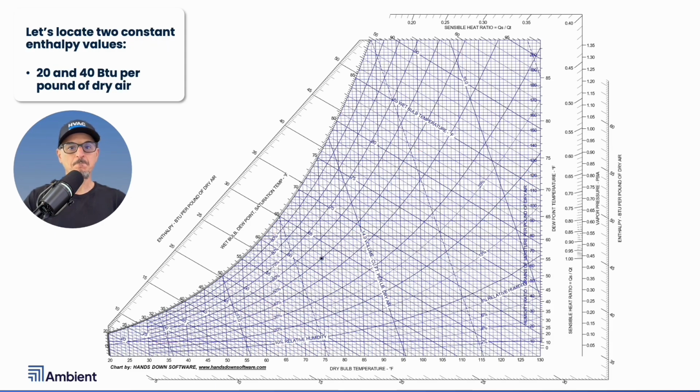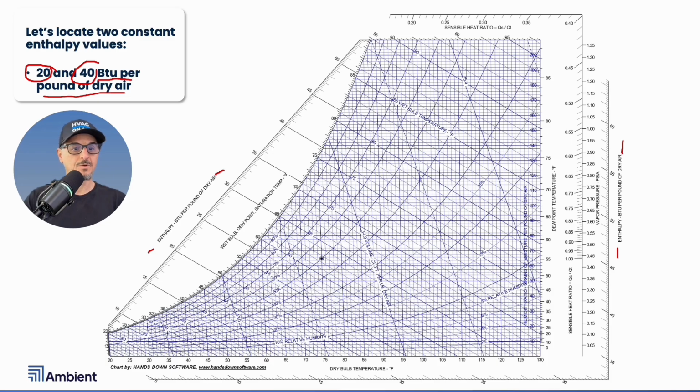Okay, so let's locate two constant enthalpy values, okay? So enthalpy is expressed in BTUs per pound of dry air. We're going to look for an enthalpy of 20 BTUs and an enthalpy of 40. So enthalpy is located here and here.